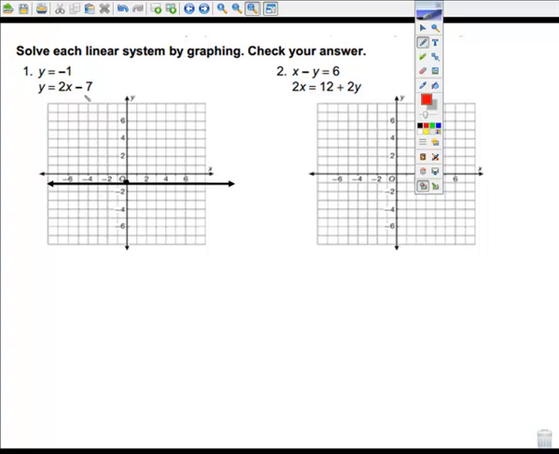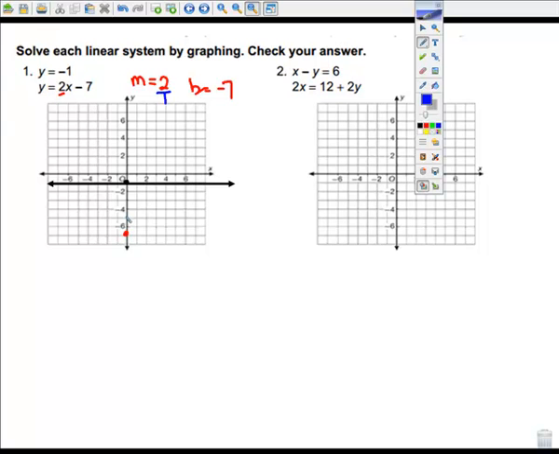And now down here, this is in slope-intercept form, and I need the slope, which is the 2, and I need the y-intercept, which is -7. When you have the slope and the y-intercept, you put your initial point on the y-intercept, so it's -7. That's our starting point. Now my slope is 2. Remember, the slope is a ratio with a rise, and I need a run. So if there's no denominator, you just put a 1.